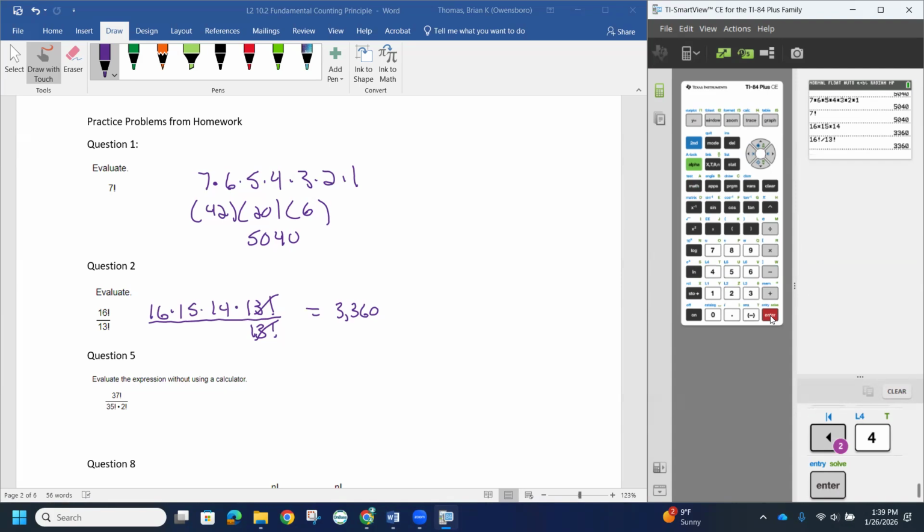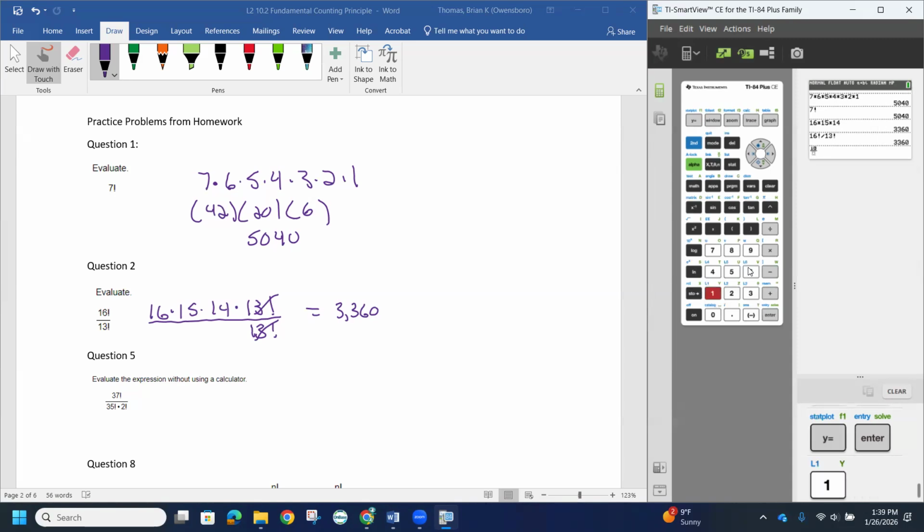Now, this calculator has the ability to do a fraction as well. So if you like this 16 factorial as a fraction, there's a green F1 up here that has a special menu in it. So since it's green F1, I have to hit the alpha button first, hit the F1. Notice that this first one is a fraction notation, N over D, numerator, denominator. If I choose that one, notice how it gives me a fill in, 16 factorial on the top, 13 factorial on the bottom.